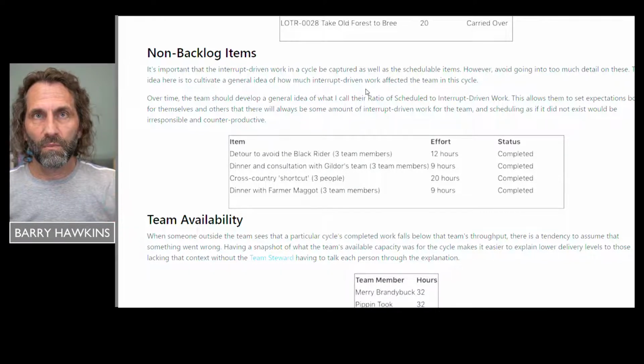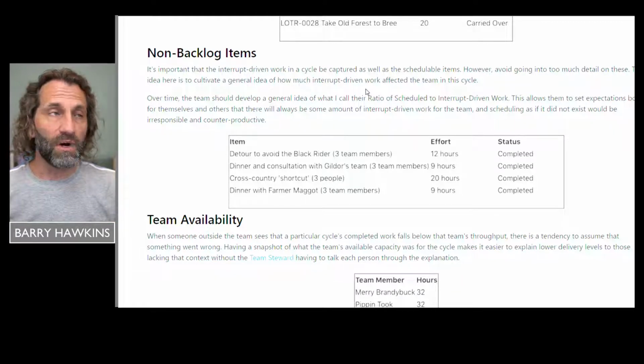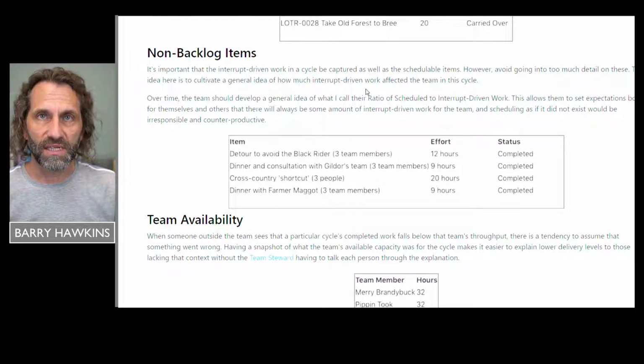And we were never talking about, well, there are also always these interrupt-driven things. There's always some body of interrupt-driven work that hits us as a team. We own our own services or sites, and so when they're down or they have a performance degradation issue, we're stopping schedulable work to get the service back up.